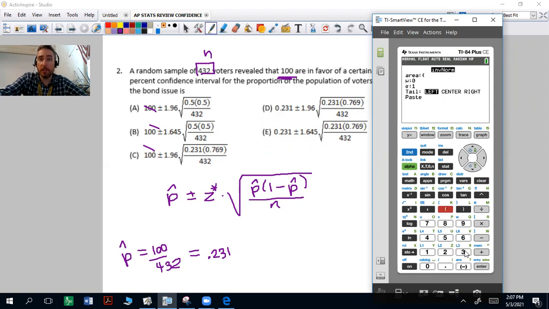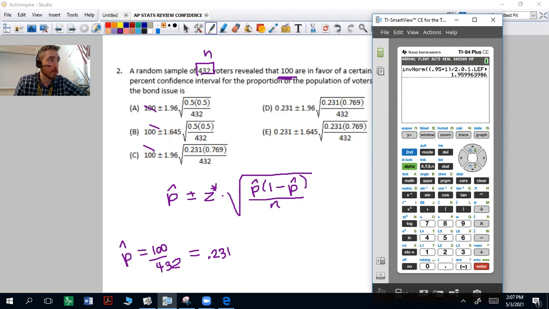So your confidence level is 0.95. In parentheses, you would type 0.95, add it to 1, close it up, and divide by 2. Leave 0 and 1 because we're talking about z-scores, so your mean is 0 and your standard deviation is 1. Keep it left. And that's 1.9599, which is about 1.96.